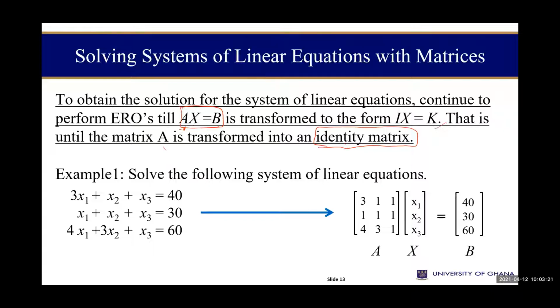We are using the identity form to find x1, x2, and x3. So given that 3x1 plus x2 plus x3 equals 40, then x1 plus x2 plus x3 equals 30. You have 4x1 plus 3x2 plus x3 equals what? 60.